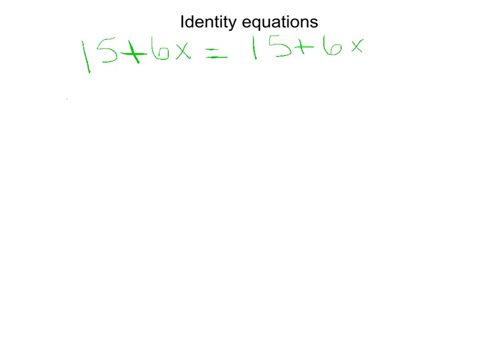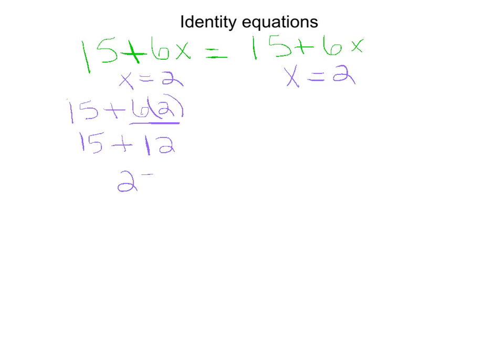So I'm going to set x to equal 2. I'm going to plug in 2 for x to get 15 plus 6 times 2. I get 12 plus 15. That's 27. I do the same thing over here.